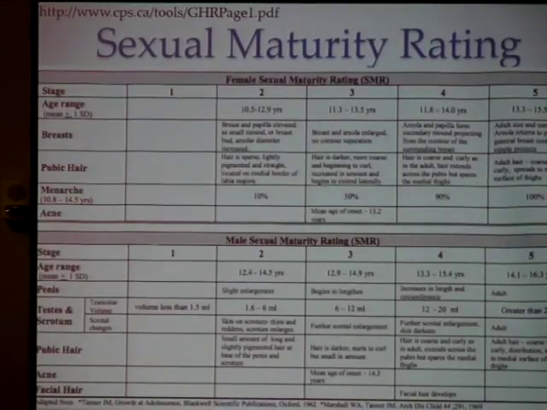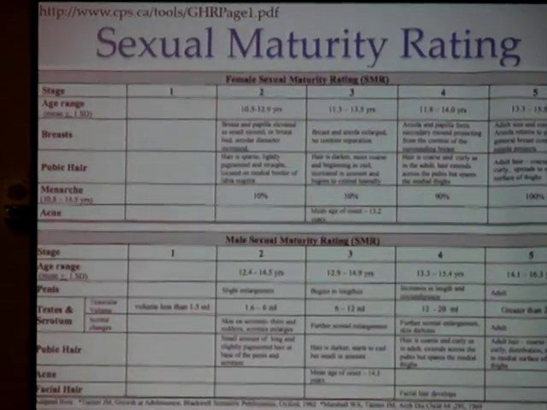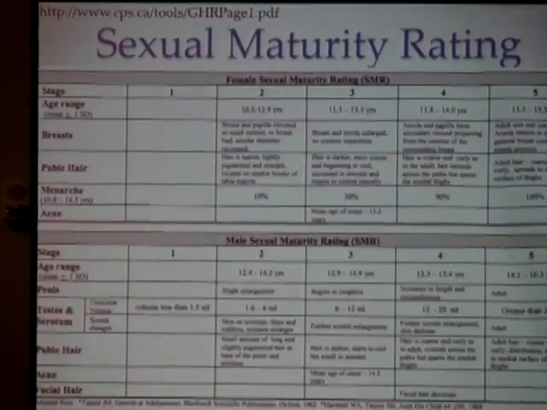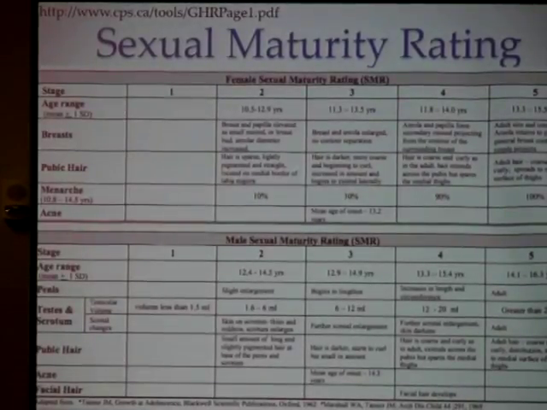I put this up, and it's in your notes, the sexual maturity rating, just to have a framework for the shifts that we're seeing in adolescent development, because we're seeing more younger girls develop puberty, and some boys who are more feminized.